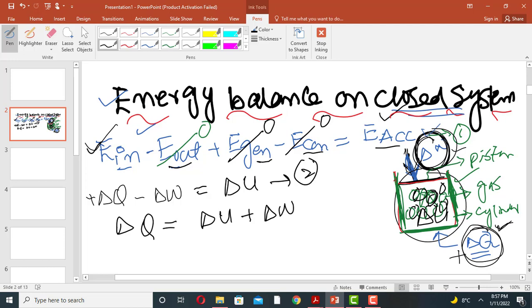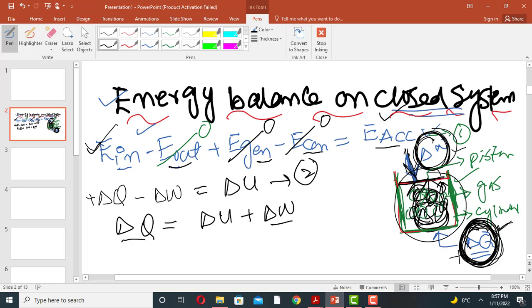Due to this heat delta Q, the system does some work on the surroundings.